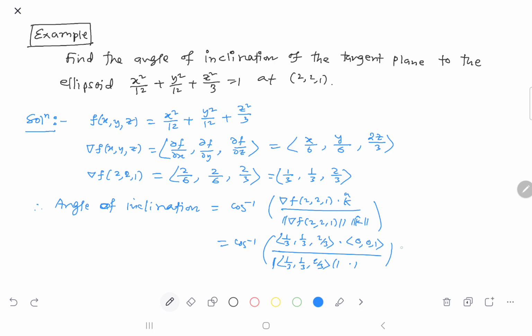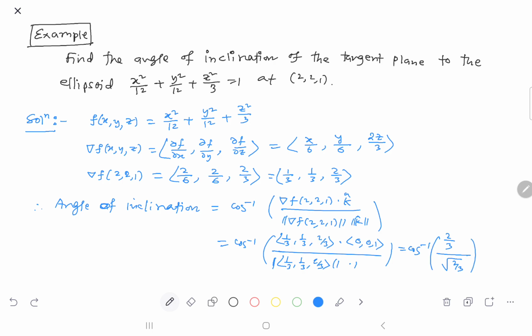So what should we get if you simplify? Then you get cosine inverse of the top, basically 2 over 3, because 0 into 1, 1 over 3 into 0, 1 over 3 into 0 plus 2 over 3 into 1. So 2 over 3 divided by the square root of this. After simplification, this will be basically square root of 2 over 3.